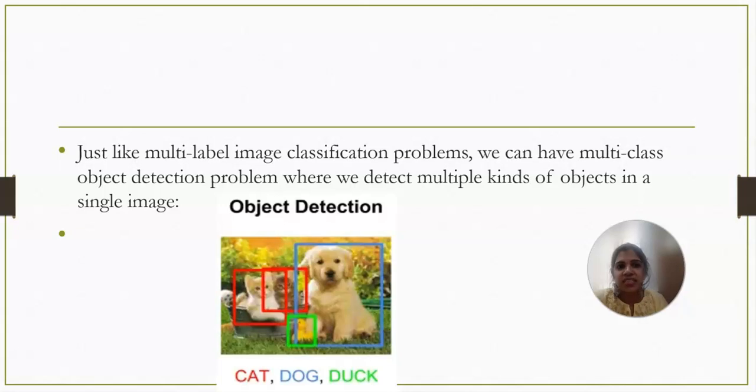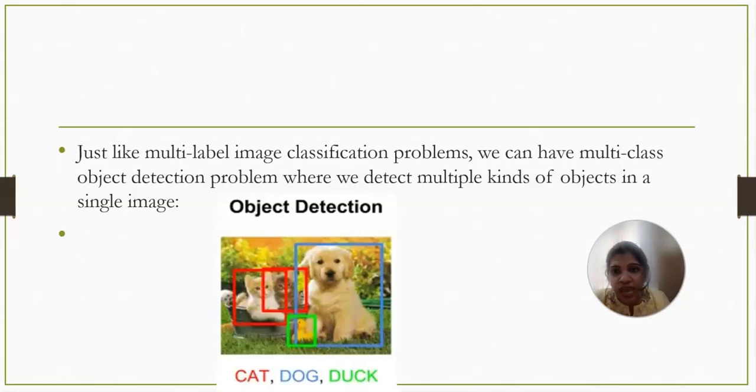So in this image, which animals are we having? We are having a cat, a dog and a duck. This is a multi-label image classification problem. We can say this is multi-label image classification or object detection. So in this case, we detect multiple kinds of objects in a single image with the position.